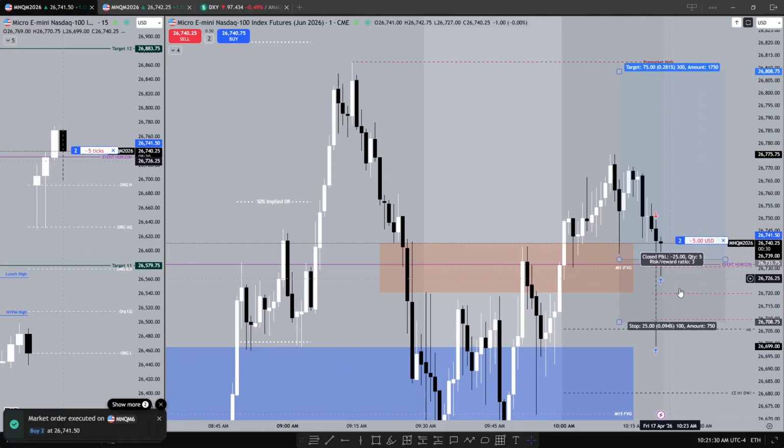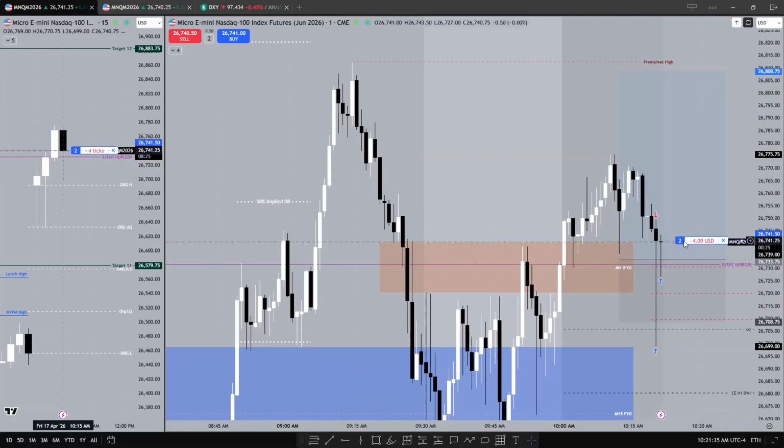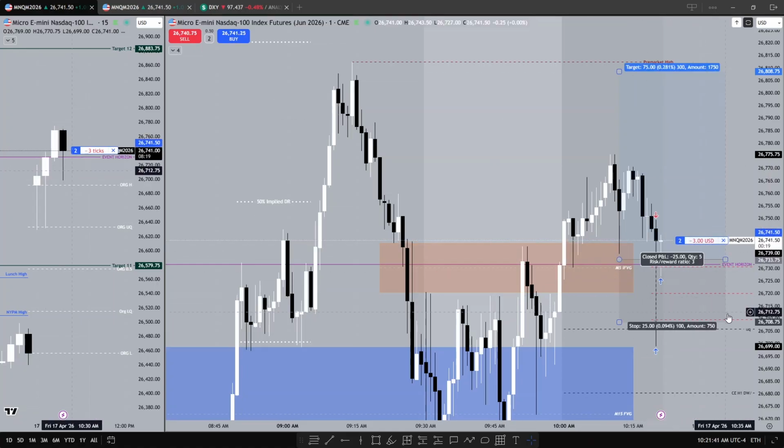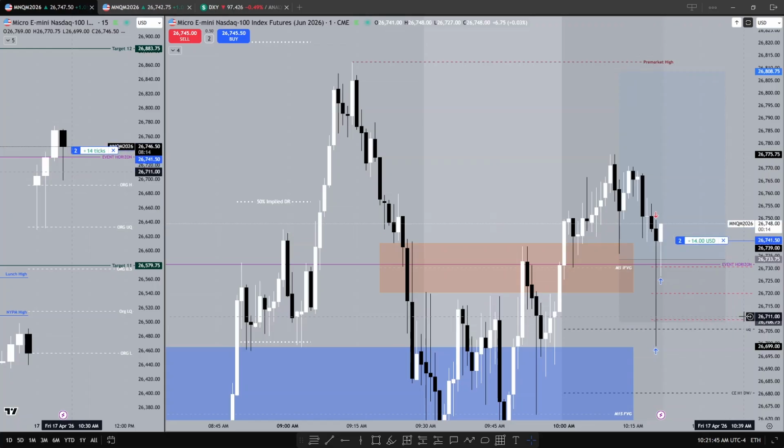That's a bad fill. I was refilled here, but then I'm filled here. But I can work with that though. It's 2 contracts. My stop is supposed to afford me something here. Right here.